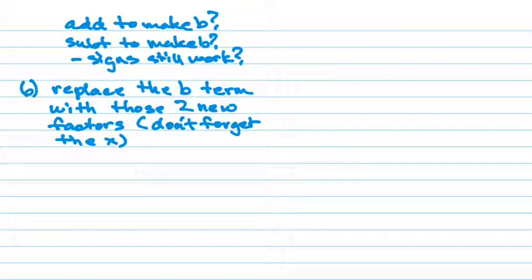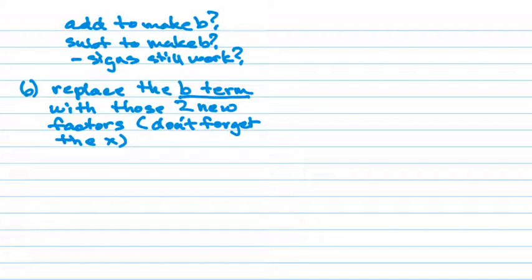So replace the B term with those two new factors. Whatever factors of AC you just found that will combine to make B, you're going to replace B with those two new numbers. But remember, it says replace the B term, so we're not just talking about the B, it's also going to need its X in it. And you're going to see plenty of examples, so don't panic yet. Right now, I want you to tell me if there are any words you're not understanding. Don't worry if it's the process that's worrying.